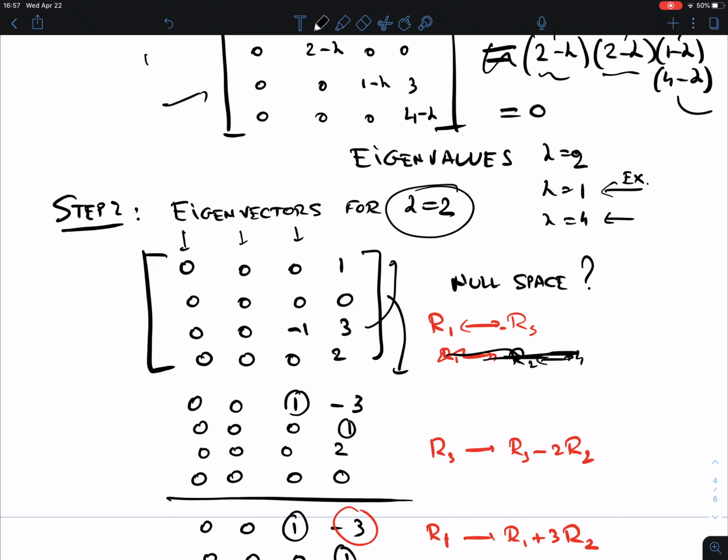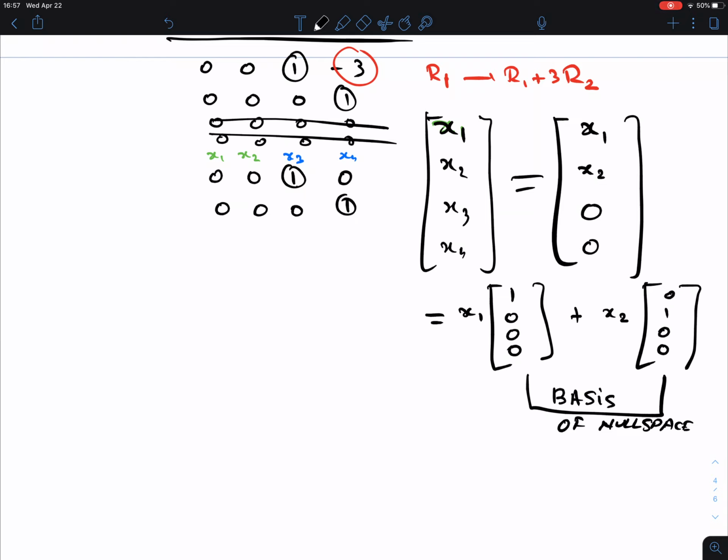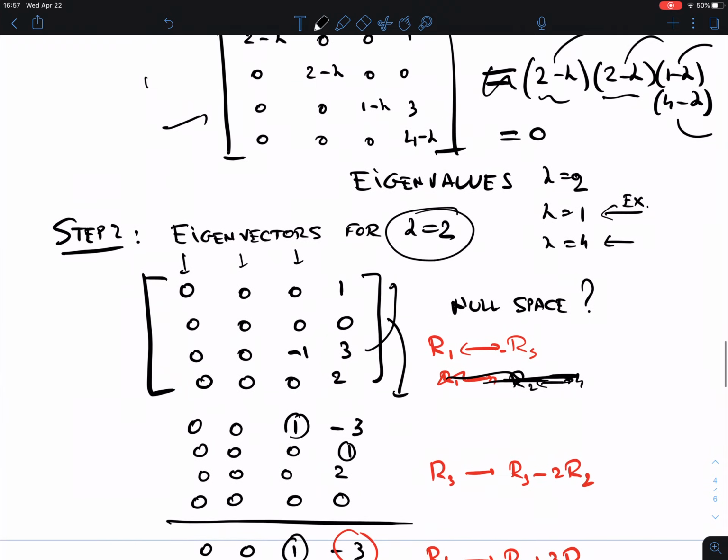Now, what does this actually calculate? What does it mean? Any vector in this null space is an eigenvector for the value lambda equals 2.